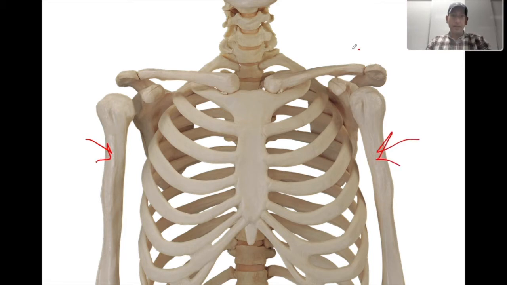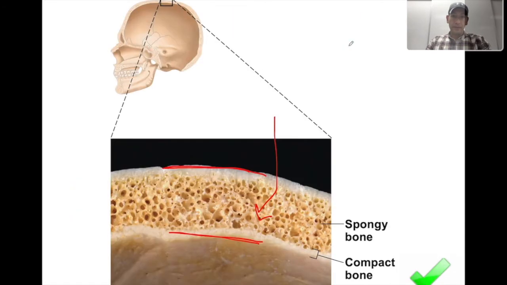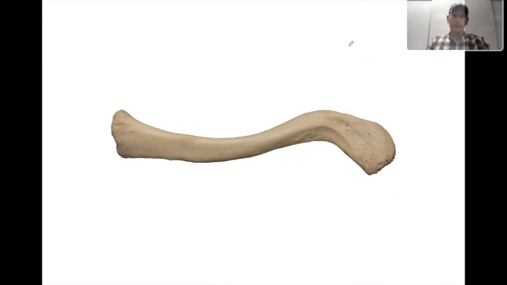However, your clavicle doesn't really fit the description, because it sort of has this flat end, and so we call the clavicle a flat bone.